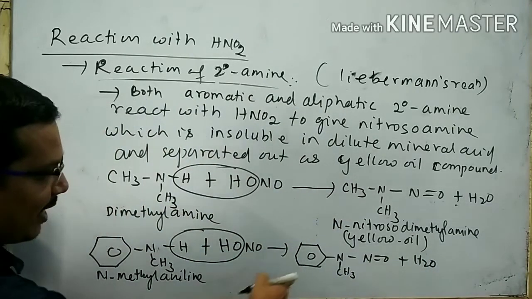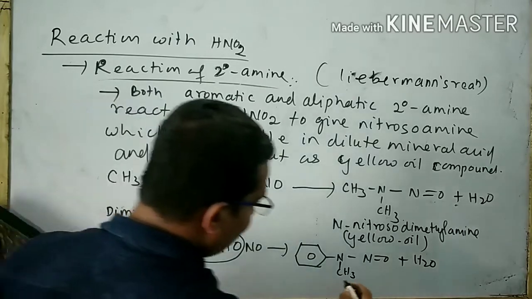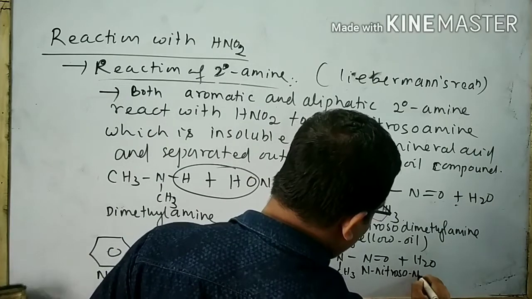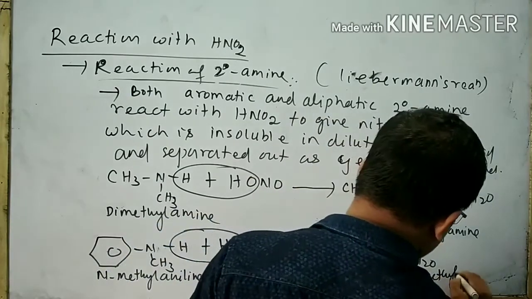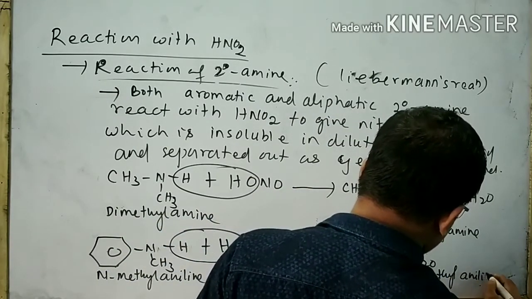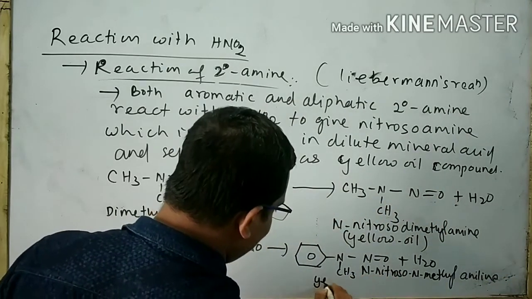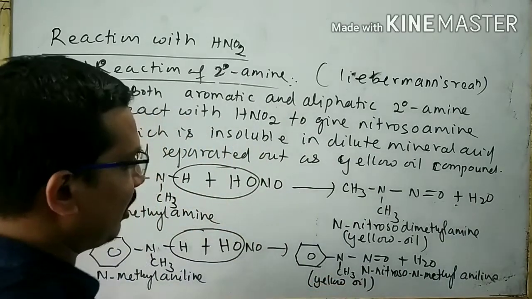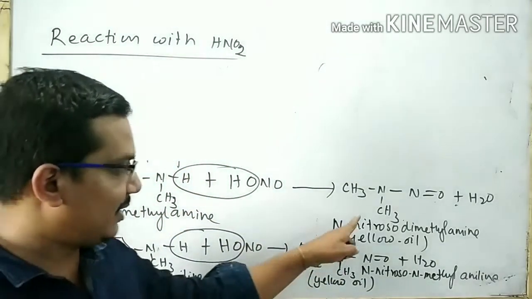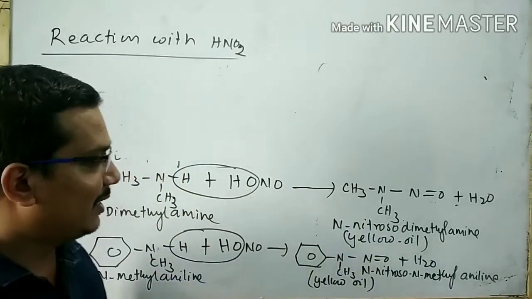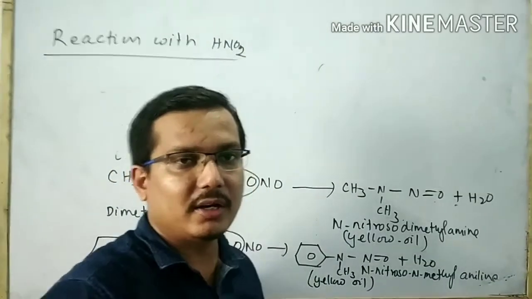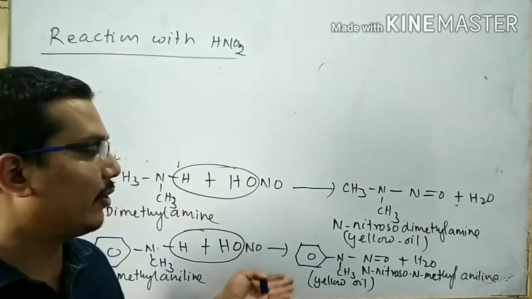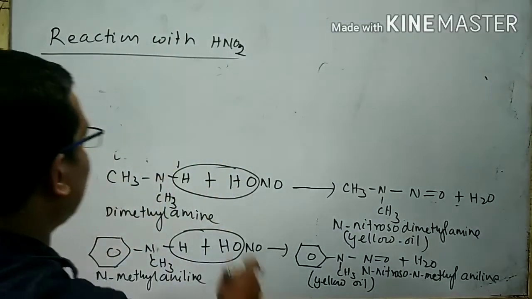The name of this compound is N-nitroso-N-methylaniline. This is also a yellow oil. If this nitrosamine is subjected to reaction with phenol and a few drops of concentrated H2SO4, then it will give a green solution.